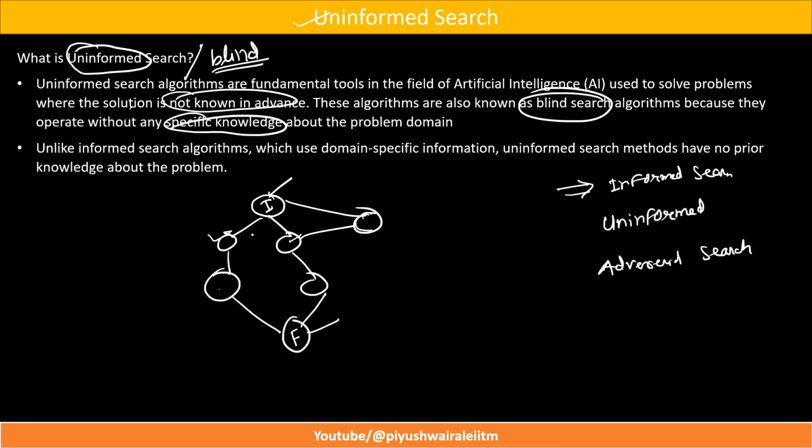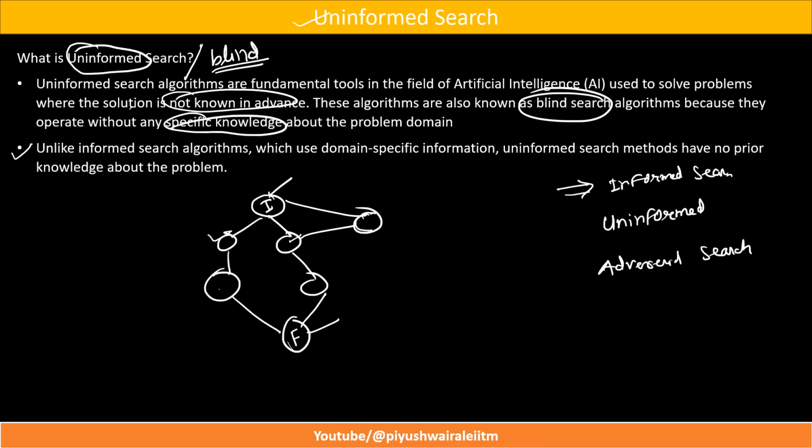It will explore all the nodes until it finds the required goal. So we only have knowledge about the initial state and the final state, and nothing else about the specific domain or problem. That's what uninformed search is.